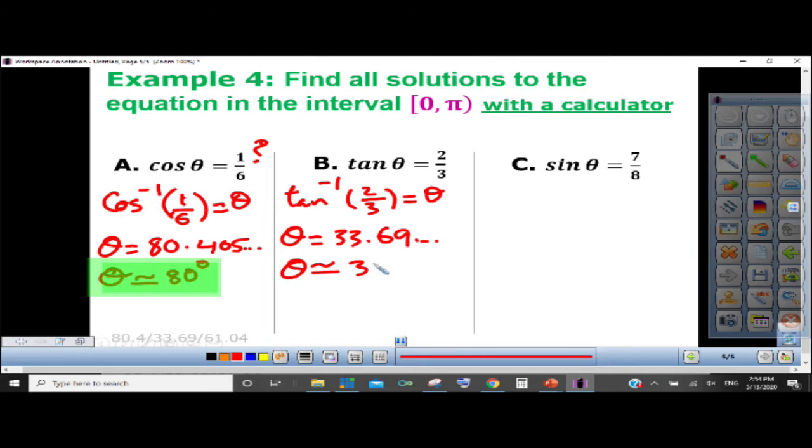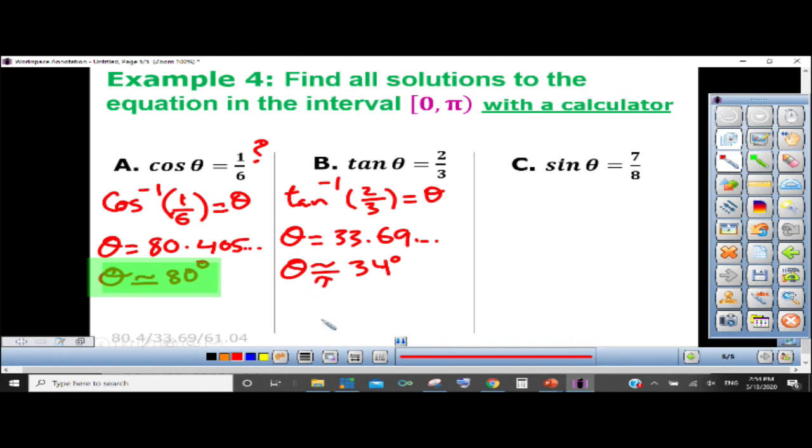I'm probably going to say 33. You're probably not going to like that, but maybe I'm going to put 34. It's not exactly that, but approximate. Okay, approximating.